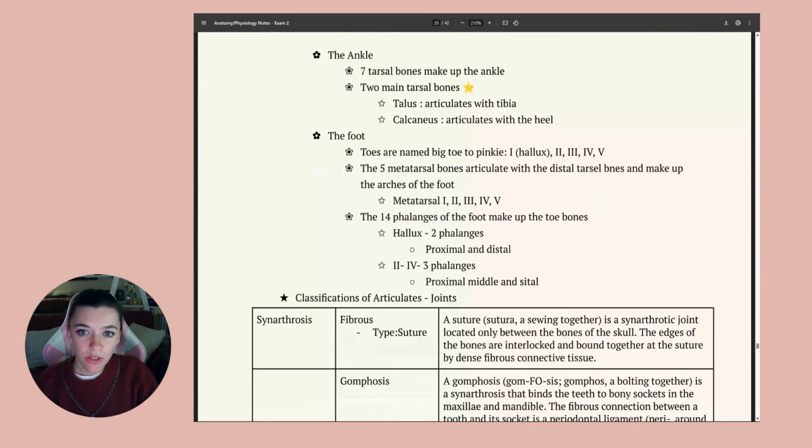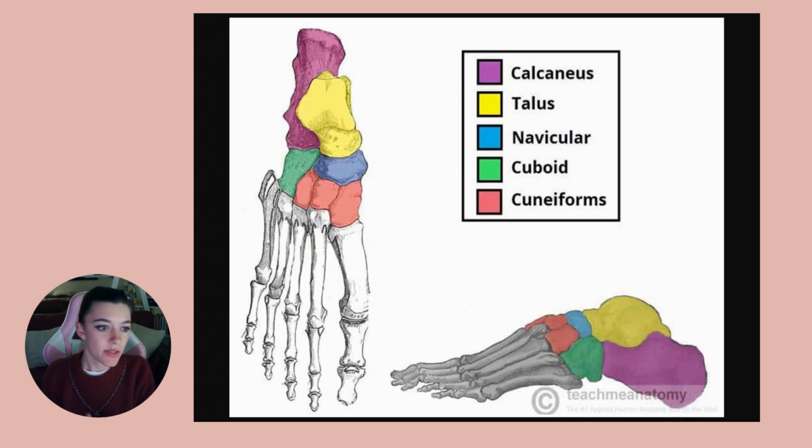Okay, moving on to the ankles. So the ankles have 7 tarsal bones, which make them up. And the 2 main tarsal bones are going to be your talus and your calcaneus. So your calcaneus, that's going to make up the very bottom of your foot. You can feel it right there. That's what you step on. And then your talus is going to be right above that.